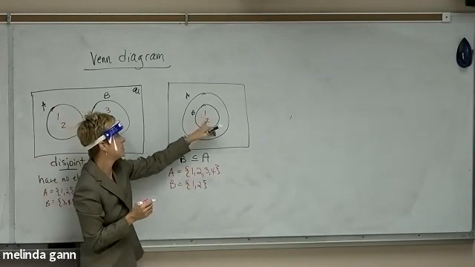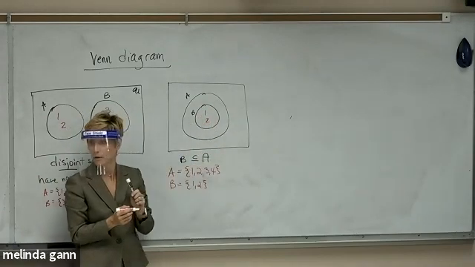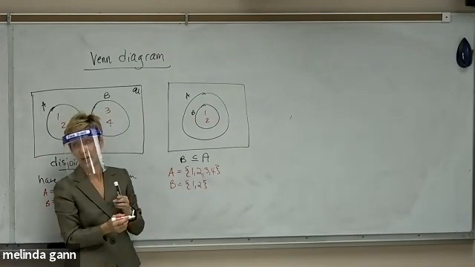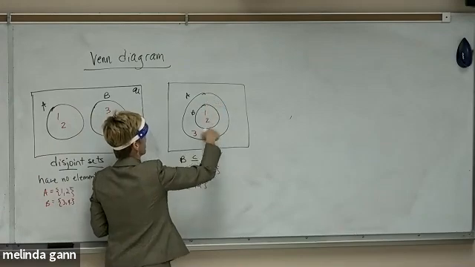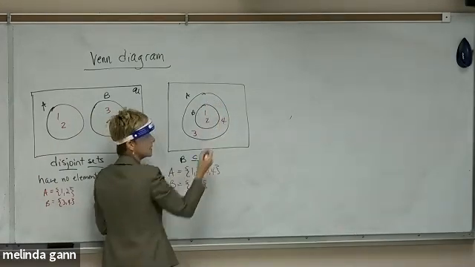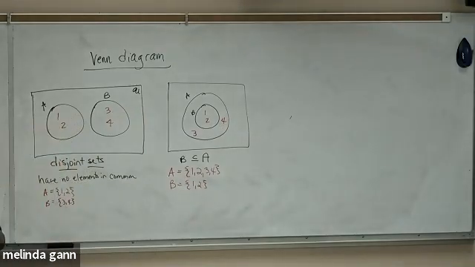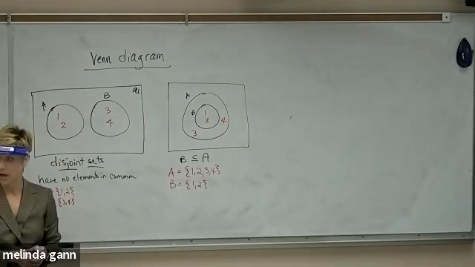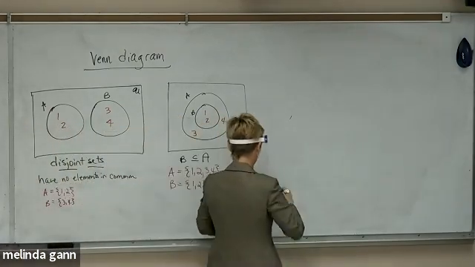Well, if I put 1 and 2 in B, doesn't it automatically stick it in A? Where would the 3 and the 4 have to go? They would still be here. You could put 3 up there as long as it was in A but not in what? B. And sometimes that happens. We've seen that a minute ago where one was a subset of what? Another set.